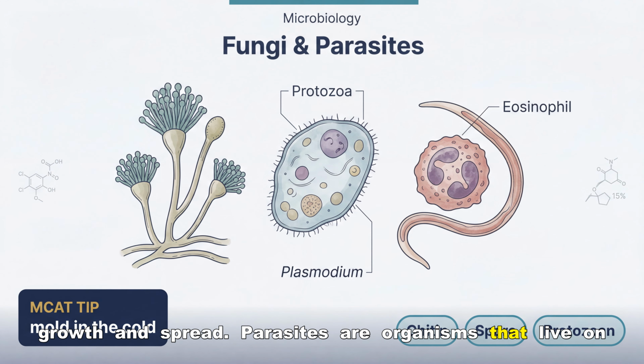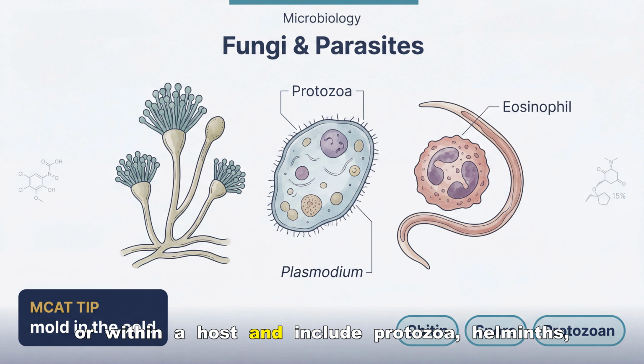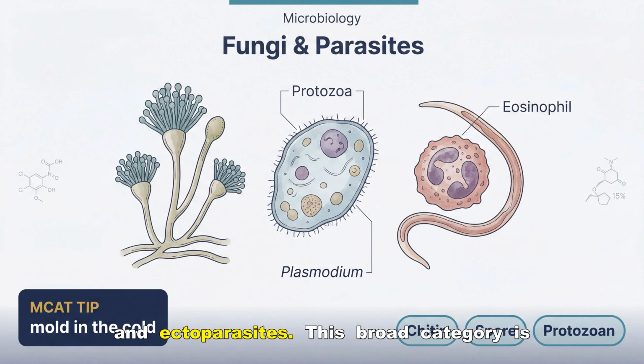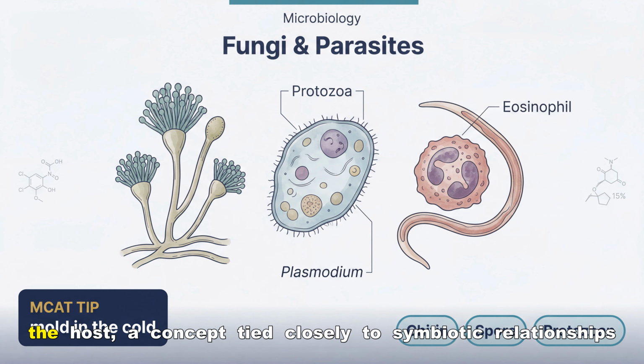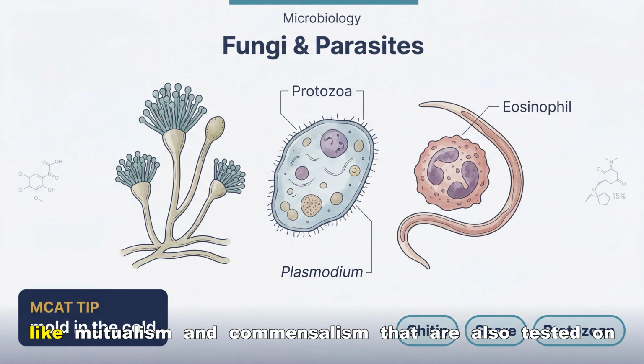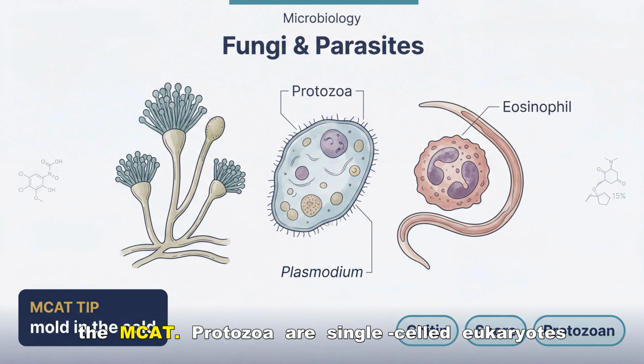Parasites are organisms that live on or within a host and include protozoa, helminths, and ectoparasites. This broad category is unified by the idea that the parasite benefits at the expense of the host, a concept tied closely to symbiotic relationships like mutualism and commensalism that are also tested on the MCAT.